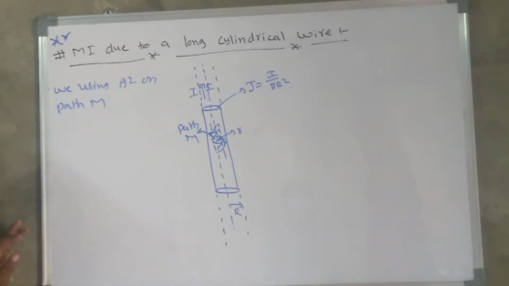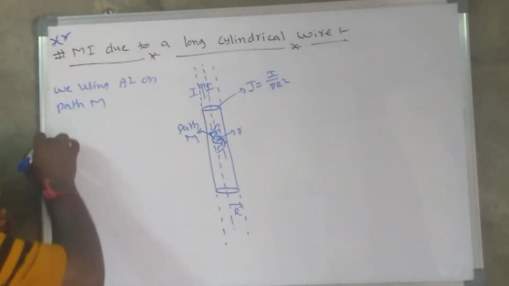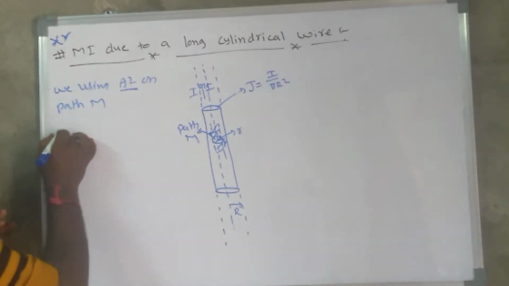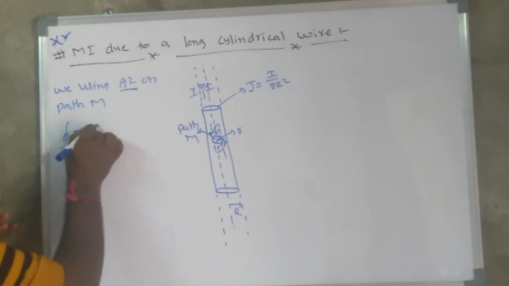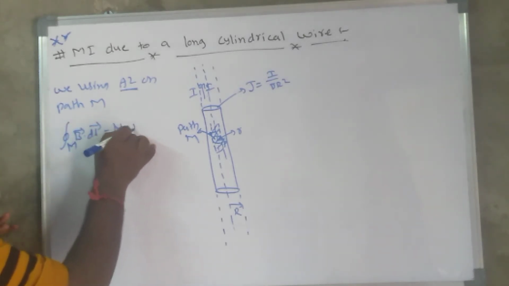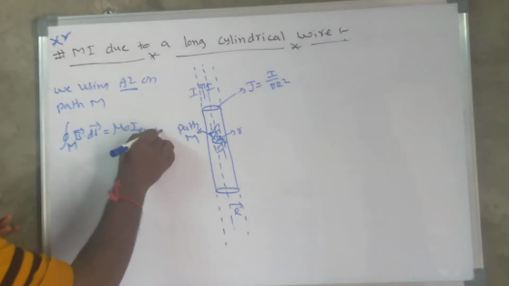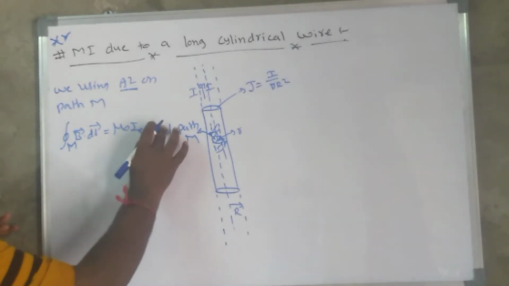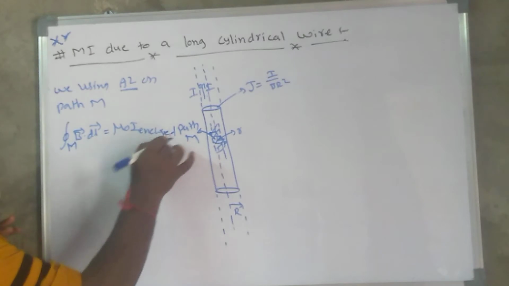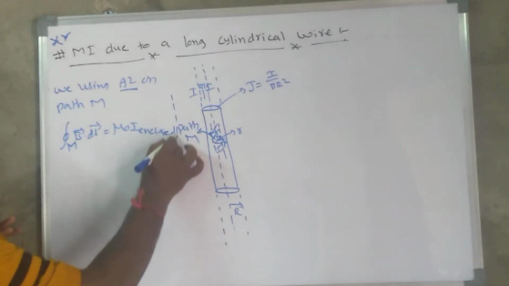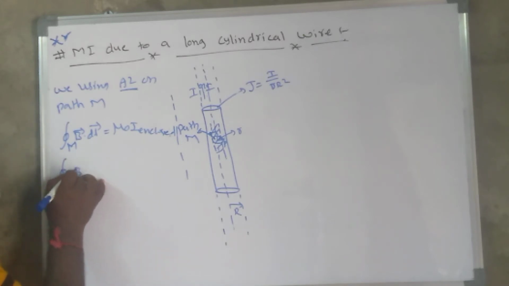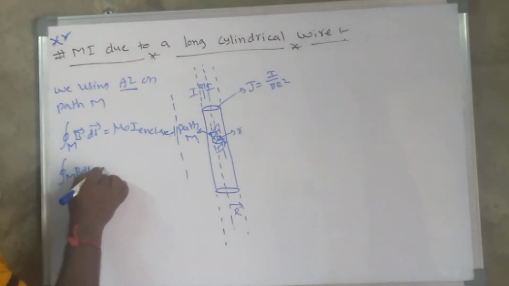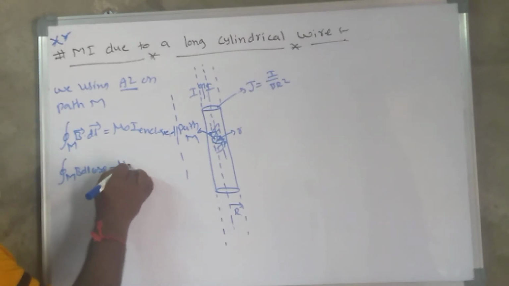According to Ampere's law, the closed integral over M of B dot dl is equal to mu naught times I enclosed. This is the formula. The closed integral of B dl cos theta is equal to mu naught times the current.